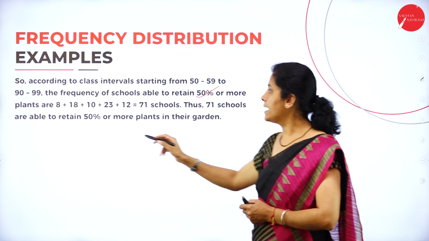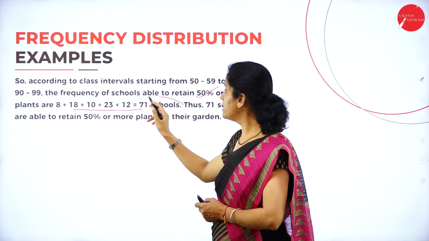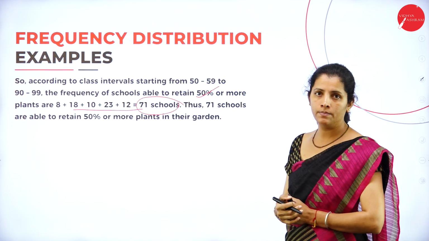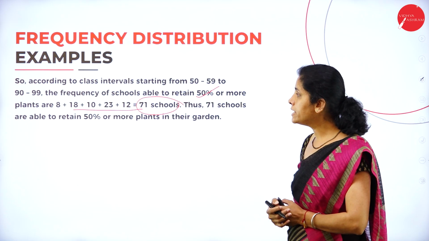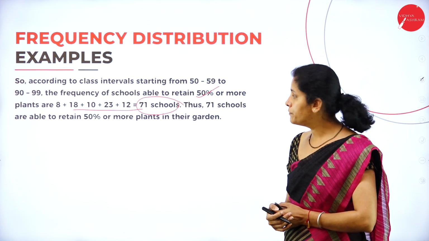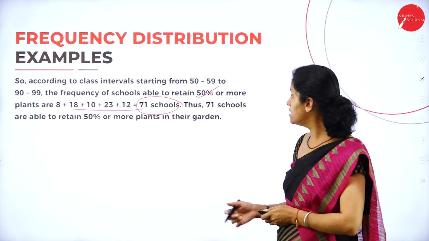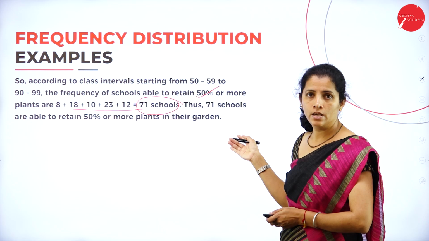So when I add, I get 71 schools. Therefore, 71 schools are able to retain 50% or more plants in their garden.